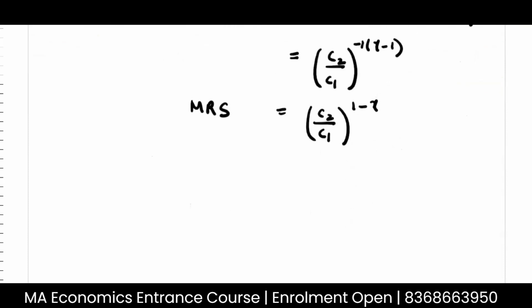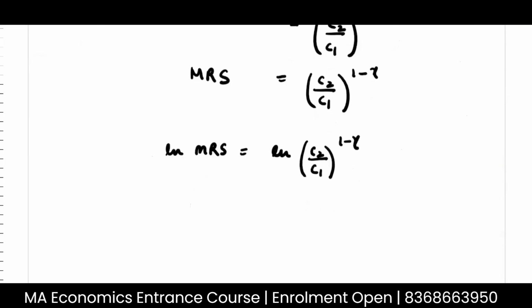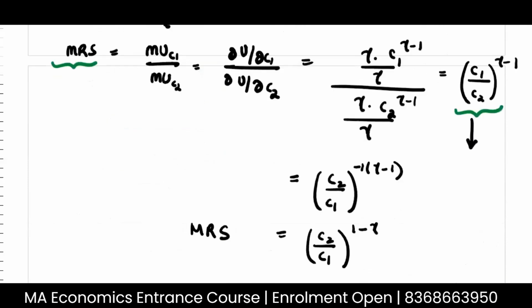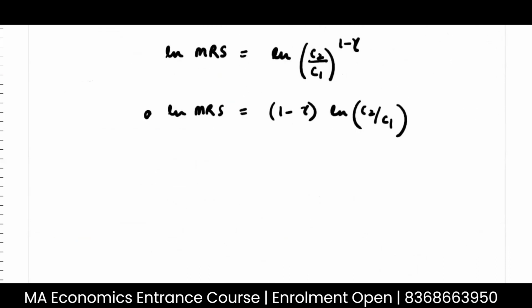Now let's take log on both sides. So ln MRS is equal to ln C2 by C1 to the power 1 minus gamma. So ln MRS is equal to 1 minus gamma ln C2 by C1. Now what do I have to find out? I have to differentiate on both sides and then find d of ln C2 by C1 upon d of ln MRS. So if I take differentiation on both sides, this has d on both sides.